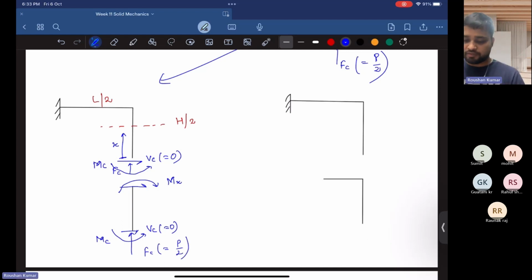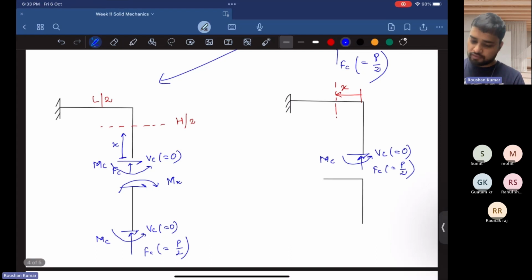Now coming to this part, here we are taking the reference from this position and we are taking a section at this point. In this case also we have shear force Vc, which is equal to 0. There is a moment acting, moment at C, and a force Fc equal to P by 2.